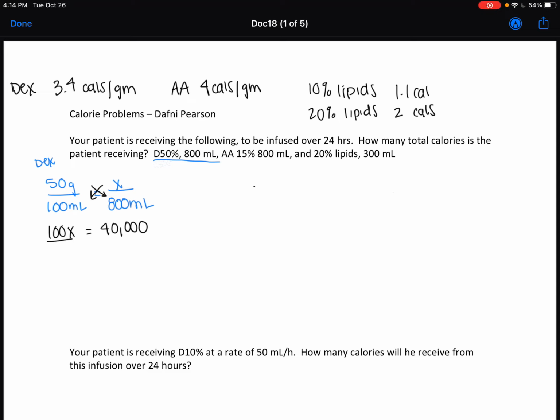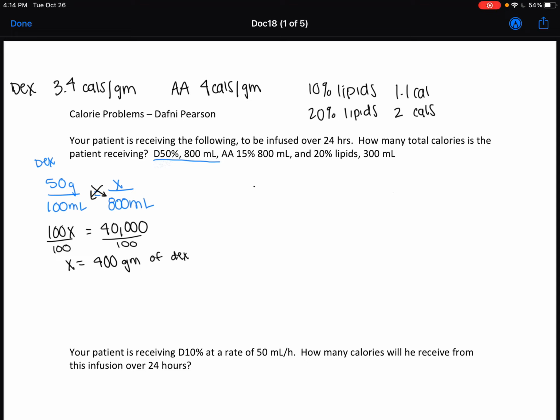And now we're going to divide to get x by itself. So x equals, and this one you just cross off 2 zeros off of the 40,000, so you get 400. So this is 400 grams of the dextrose. But we want to know how many calories.